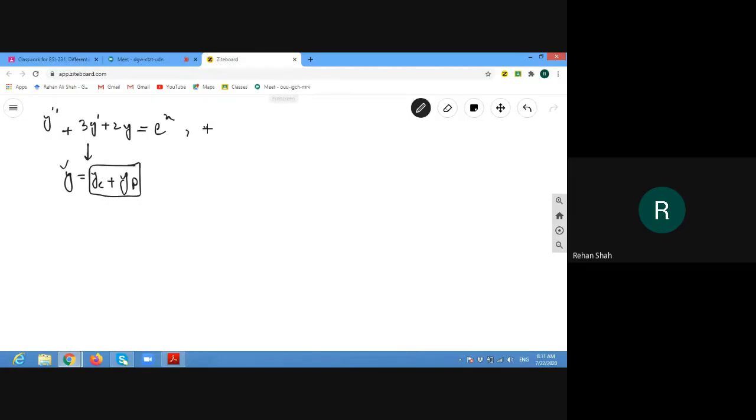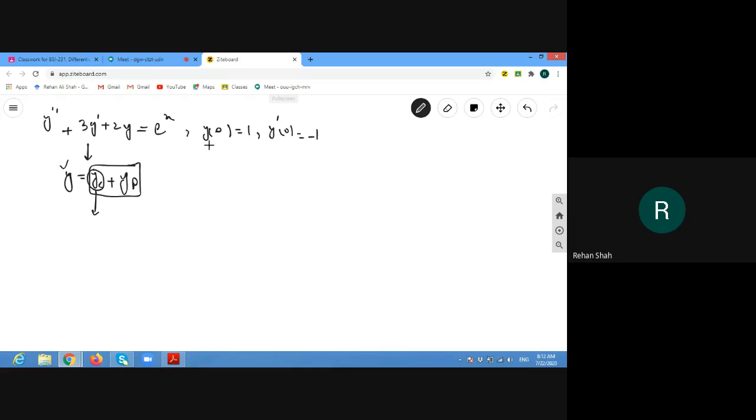And if you have some initial condition with this problem, that is y of 0 is equal to 1 and y dash of 0 equal to suppose 0 or minus 1. So if you put these values in this solution, yc contains two arbitrary constants, if you remember.